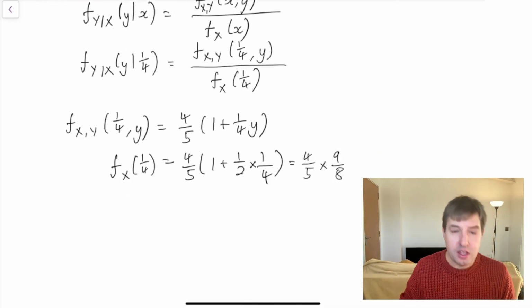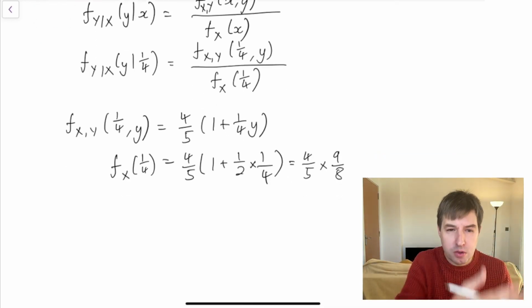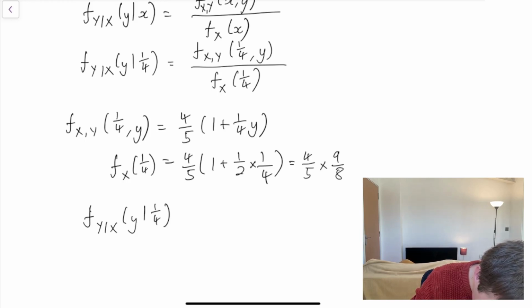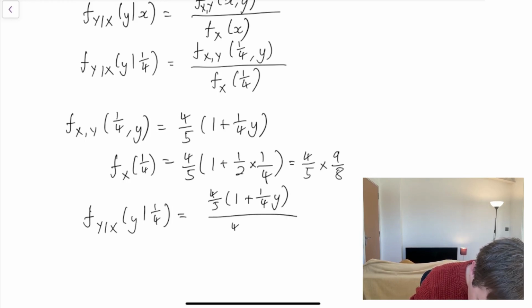And so the conditional distribution of y given x equals a quarter is the fraction of those two things. So f y given x equals a quarter is the thing on the top, 4/5 (1 plus a quarter y), divided by the thing on the bottom, 4/5 times 9/8.